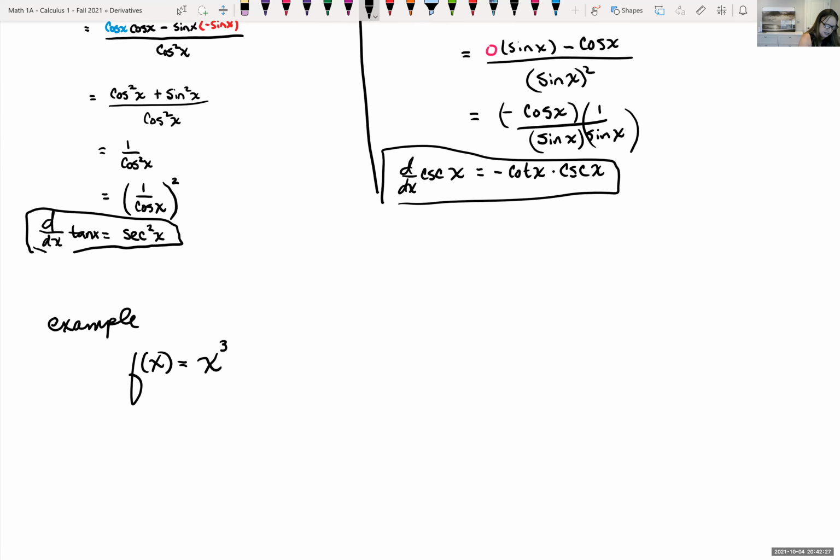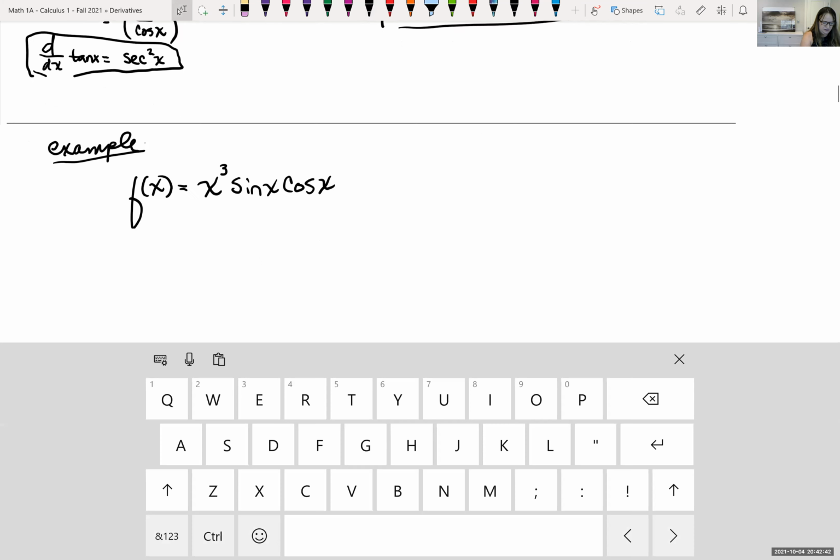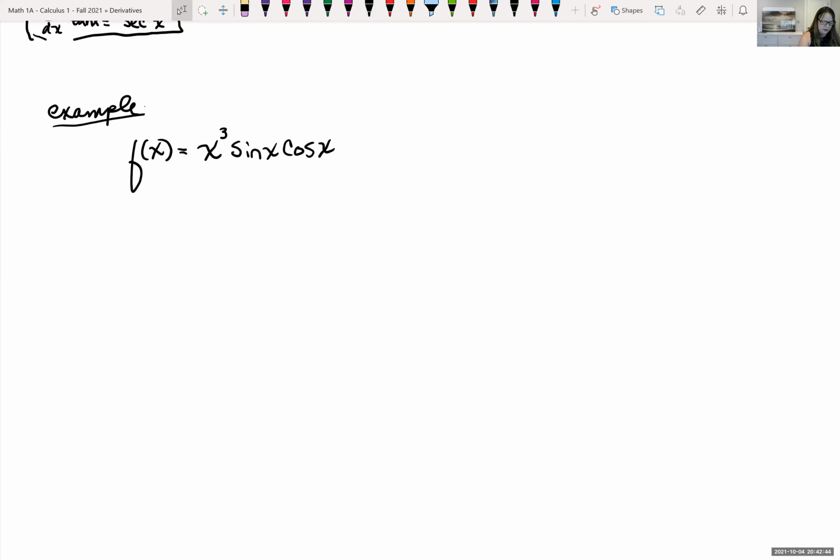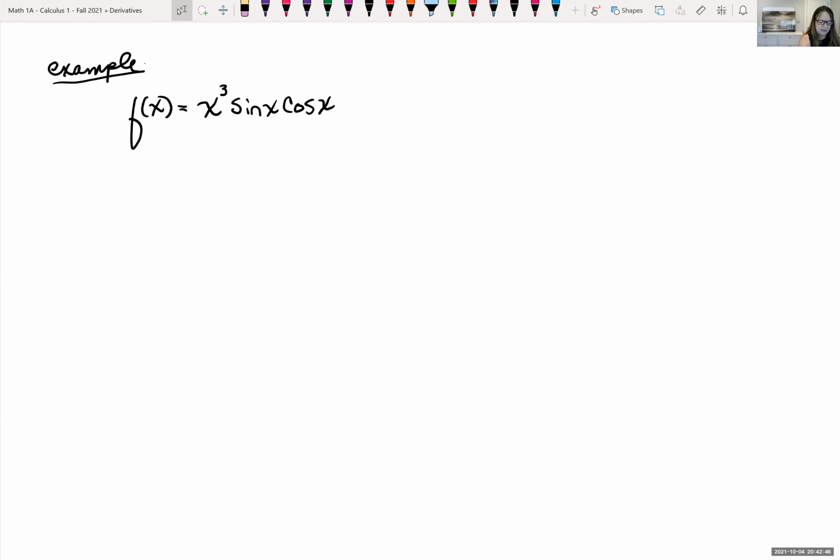Or how about actually x cubed times sine x times cosine x. And we want to find the derivative of f of x.